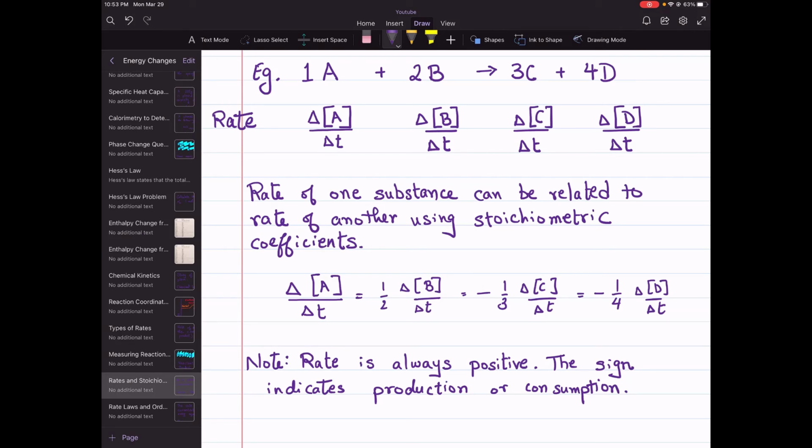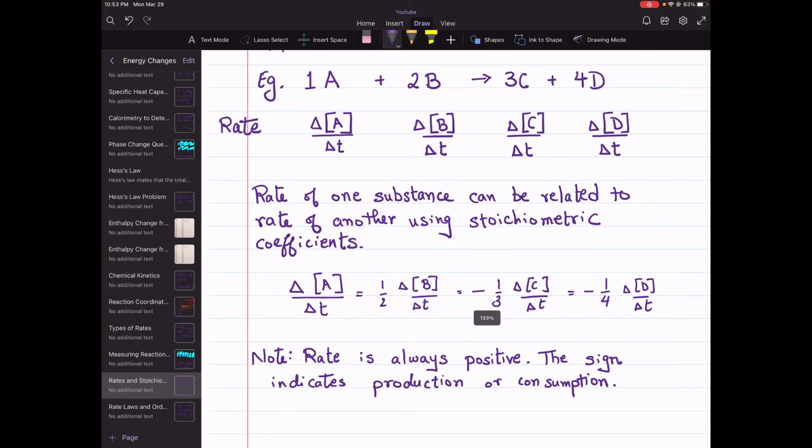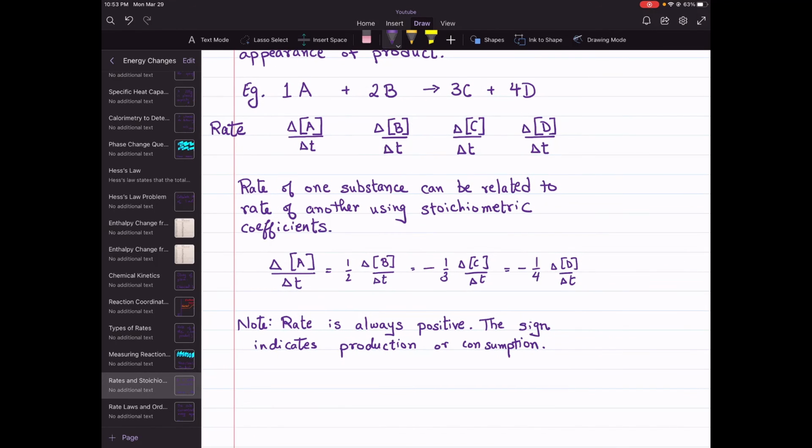If we had this changed, and let's say we were trying to look for concentration of C over change in time, and we were trying to relate it to A, for example, that would be 3 times change in concentration of A over change in time, and because C and A are on the opposite sides of the equation, this would be a negative.